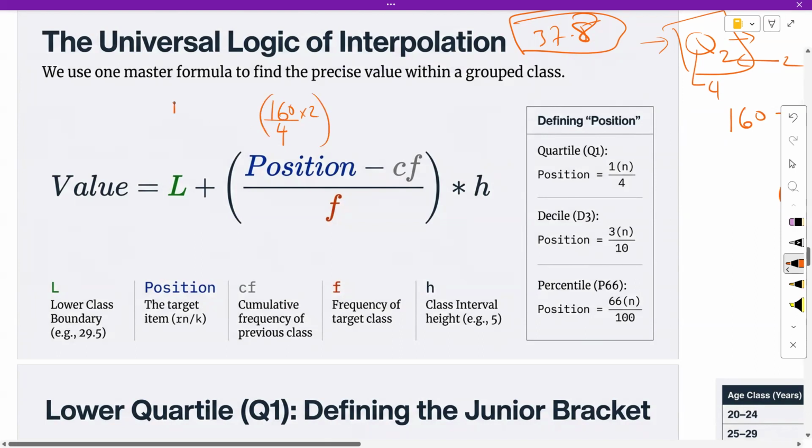The formula to calculate the position is N into K over Q. For the second quartile, K is 2, Q is 4 and N is 160. So the position is 80, the 80th person.